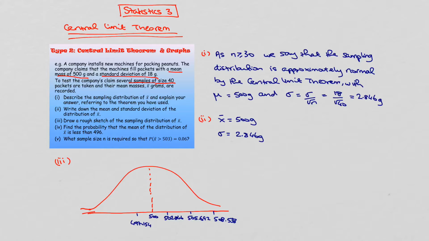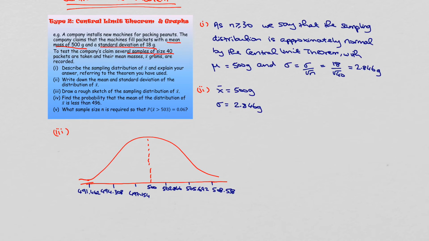And then if I go 1 deviation below the mean, that would be 497.154. And if I go 2 deviations below the mean, that would be 494.308. And then if I go 3 deviations below the mean, that would be 491.462. And this is all in grams. Okay, so that would be our mean, our mean plus 1 deviation, our mean plus 2 deviations, our mean plus 3 deviations.